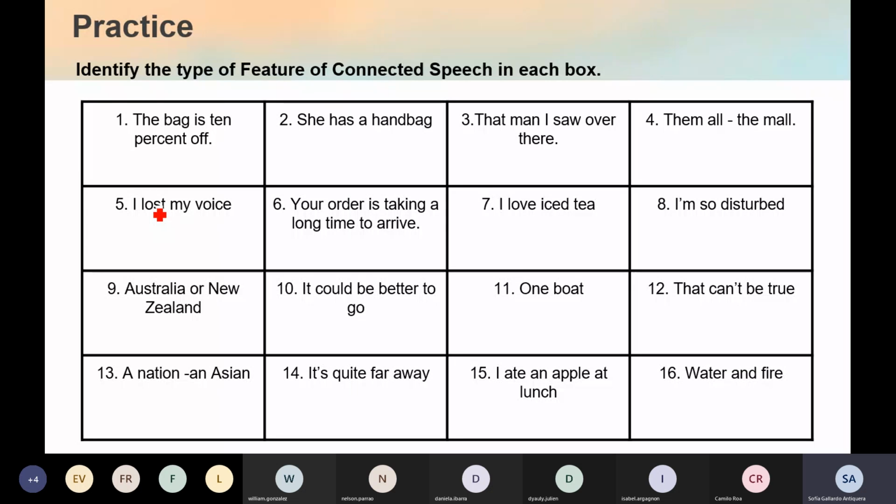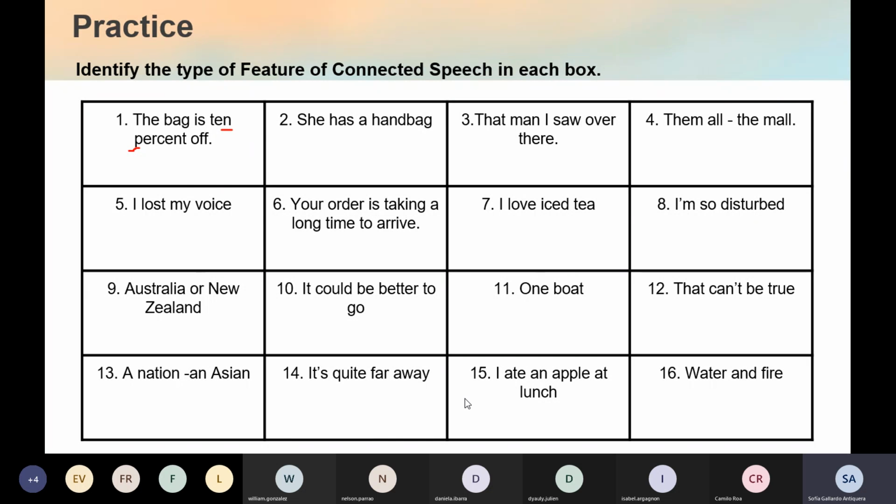Remember that here we can find assimilation, juncture, intrusive, linking, all of the features that we have reviewed so far. Let me give you a clue. Take a look here. What could be the change in there?